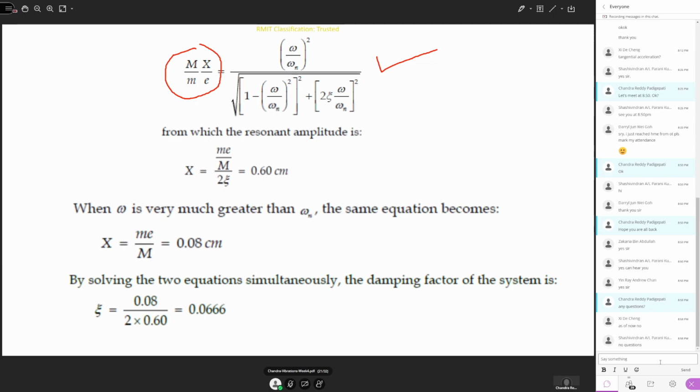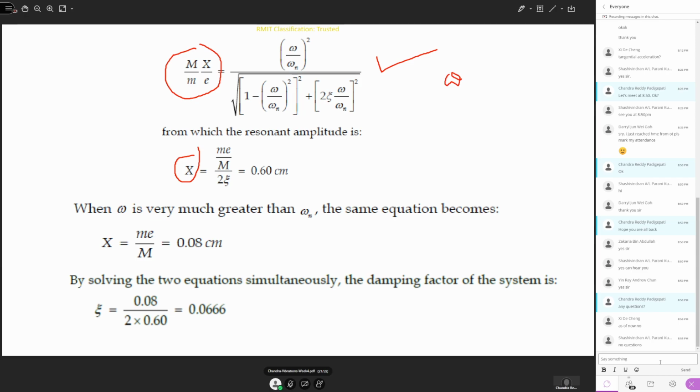Now for this, you can write the magnitude of the resonant amplitude X as ME over, here, resonance means omega is equal to omega n. So that means the ratio is 1. So omega over omega n is 1.